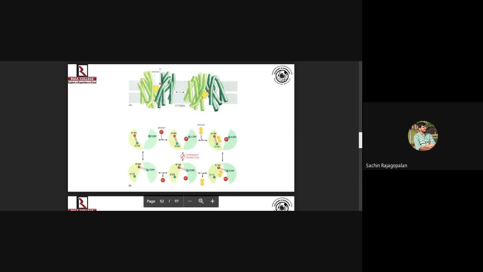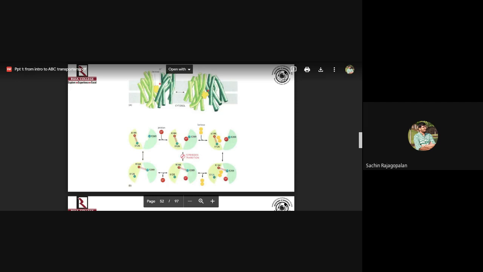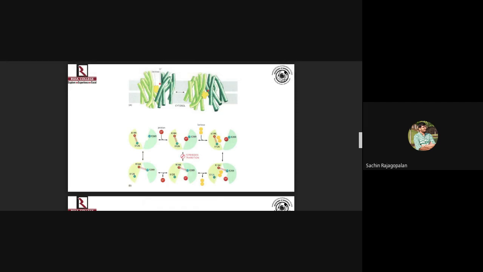Now it opens to the inside of the cell. So both the proton and the lactose can leave. So first the lactose will leave and then the proton will leave. And then now this interaction could be restored to its original type, and this transporter will open outside. This is how the entire transport is supposed to take place.